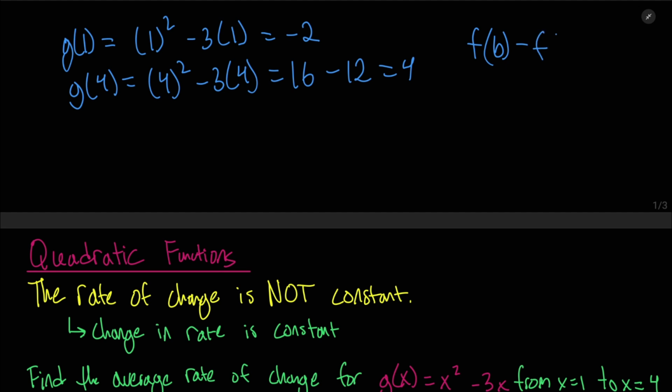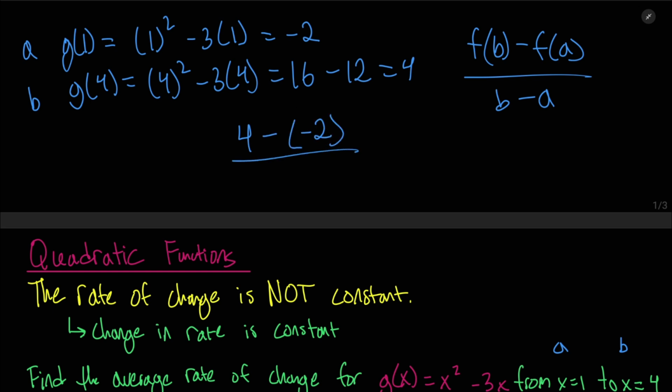Okay, same formula from earlier. f of B minus f of A divided by B minus A. We're going to do the same exact thing. So our b value, we're just going to do that and that. I like picking the bigger number as the b value, the bigger x value, so that we don't end up messing with negatives. So this is a, this is b, that was 4 minus -2 divided by 4 minus 1.